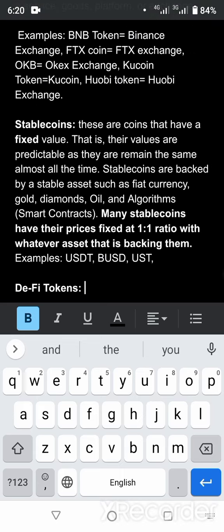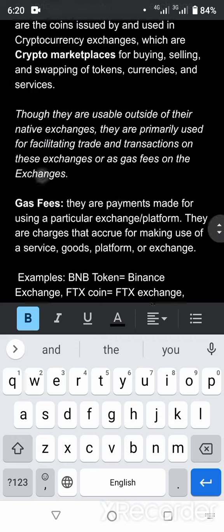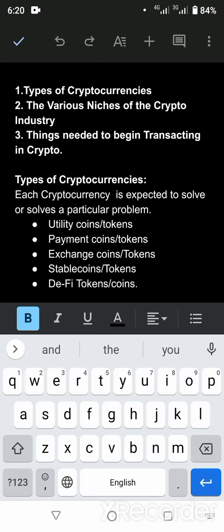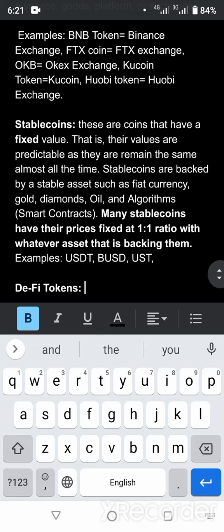It has to do with finance and financial activities outside of centralized exchanges. You understand? I'll be explaining that in my next video, where I'll be talking on the things needed to begin transacting in cryptocurrency. What I'll just do in this video is list out the various niches of the cryptocurrency industry, and in our next video, I'll be explaining them one after the other.